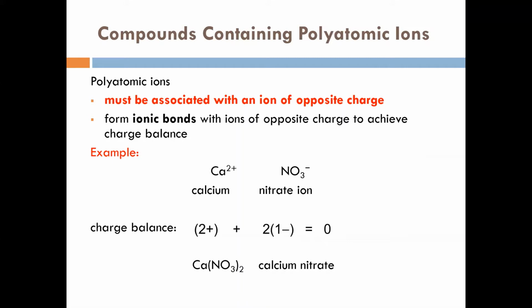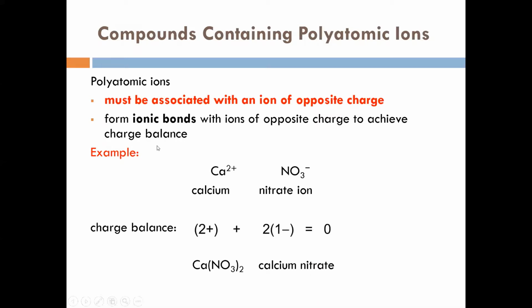So if I have a nitrate ion, NO3-, I'm going to have some form of positive ion next to it. They have to be associated together. They're always in ionic compounds, so polyatomic ions form ionic bonds.